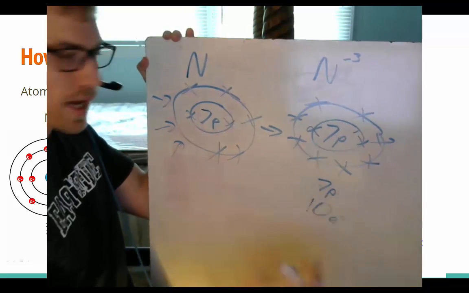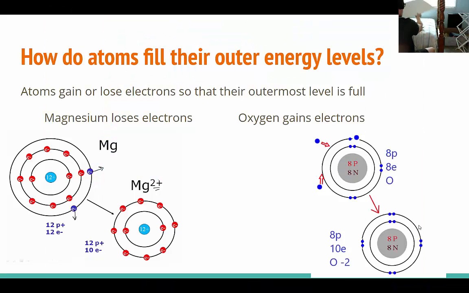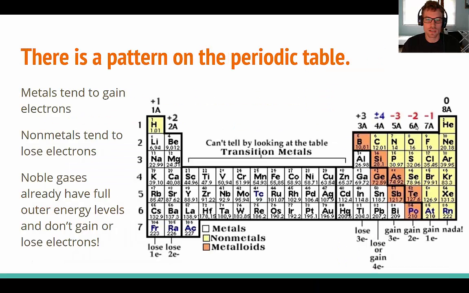All right. Now, if you remember from the last unit, what is the trend with valence electrons? Well, the number of valence electrons increases across the periodic table. And that means that there's going to be a pattern to the oxidation numbers.